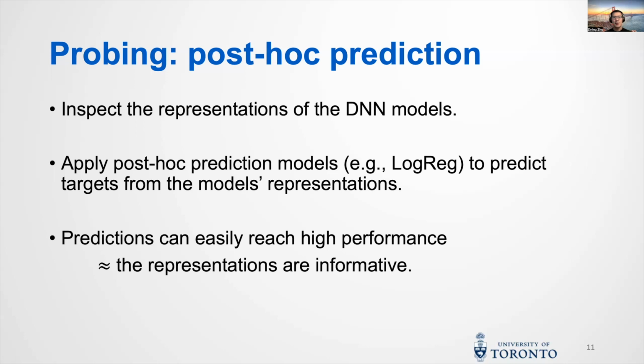If it's very hard to get the predictions right, then that means your input, or the model's representations, are garbage. Intuitively, if you observe very good prediction accuracies or very low cross-entropy losses from the post-hoc prediction, then that means the representations that you pass into the logistic regressor are very informative.